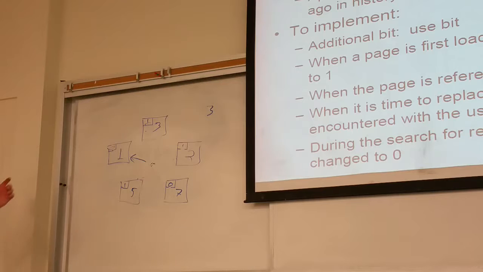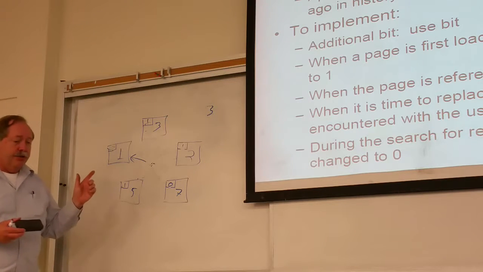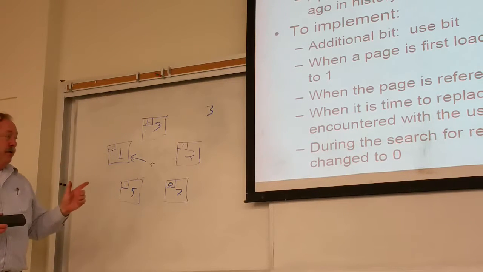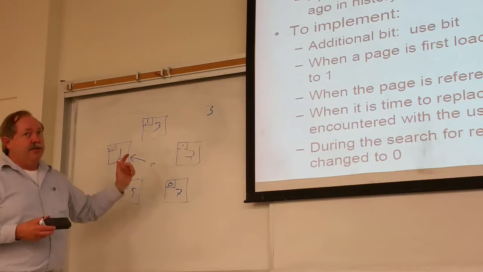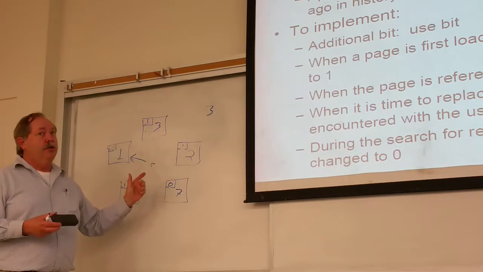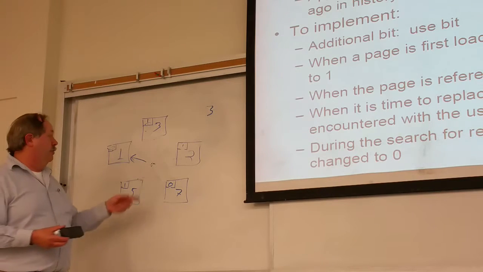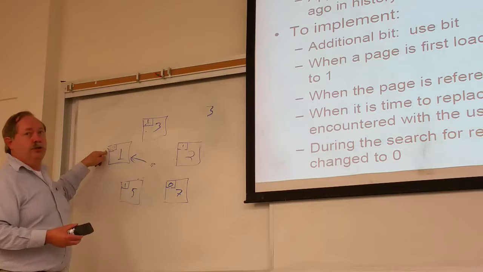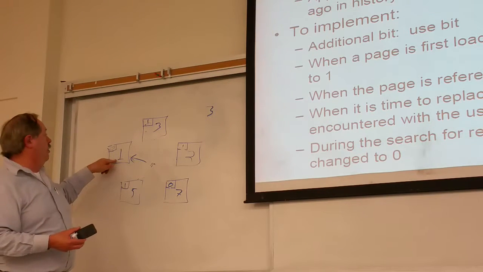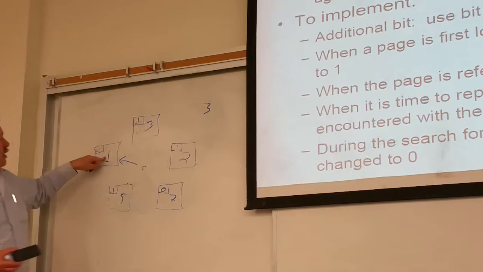So page fault, let's see, access the page, it's in memory, set its bit. Access a page, it's not in memory, run the full page fault algorithm. Check the pointer's current position, is the use bit set? If not, then you're right where you want to be. You kick that one out.